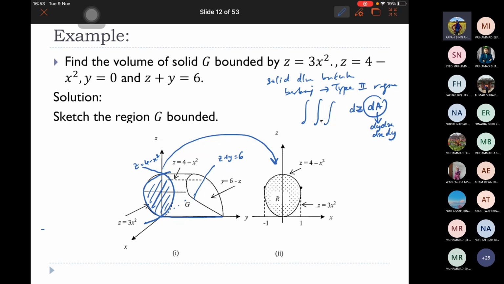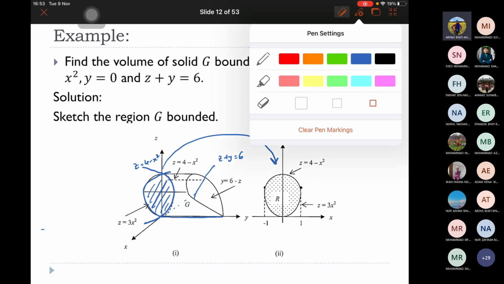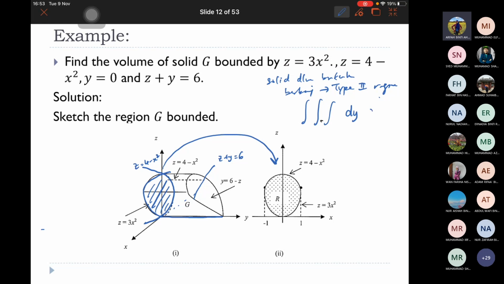Okay. So Z, awak tengok. Z dia punya berdiri, dia akan jadi dy first. Okay. dz pula. Dia akan jadi dy first. It will be dy first and then dia baru dA. Yang mana dA ni boleh jadi dz dx atau dx dz. Okay.